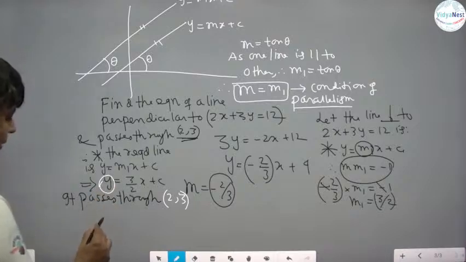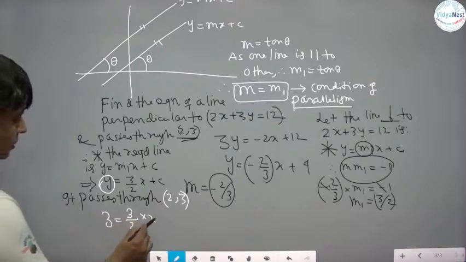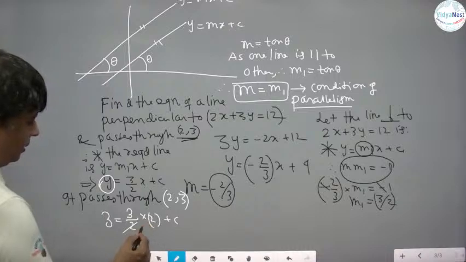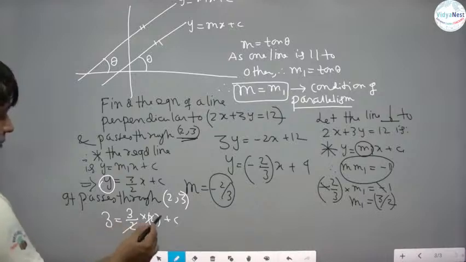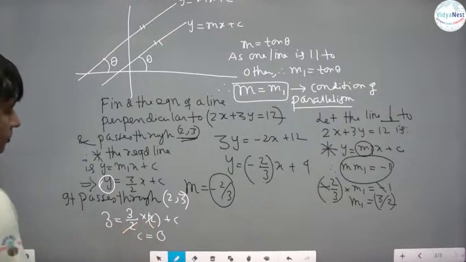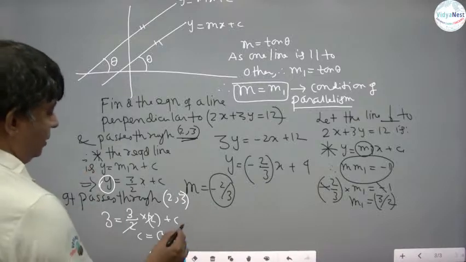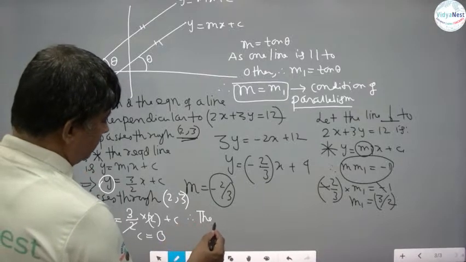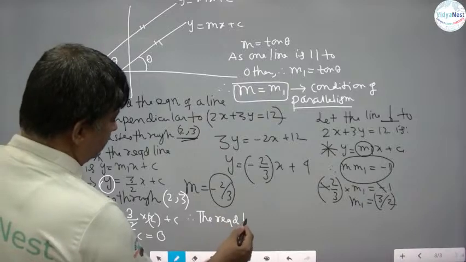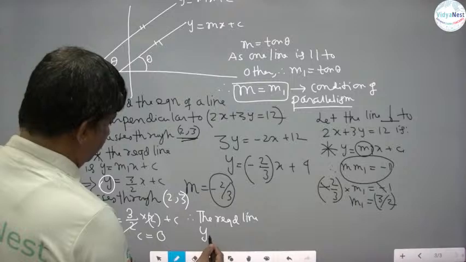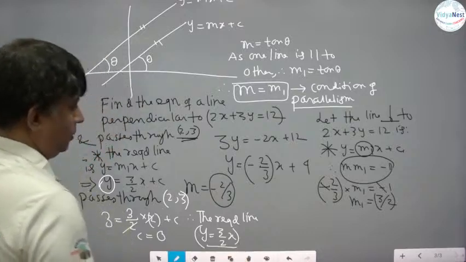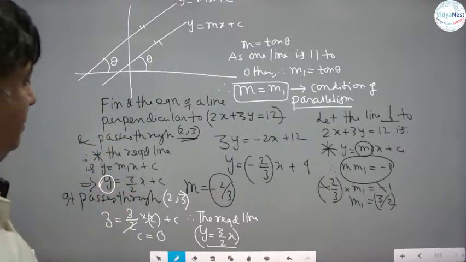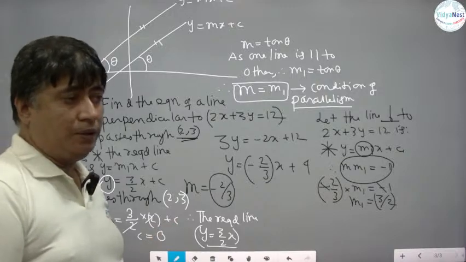So in place of y, you can put 3, in place of x, 2, plus c. Cancel. So c will be equal to 0. Once you get c as 0, the required line is y = 3/2 x. It passes through the origin. So this is one simple example of this type.